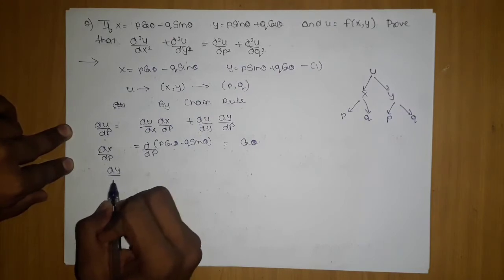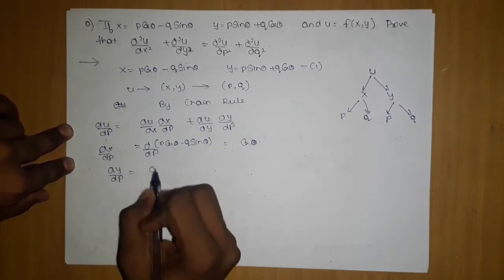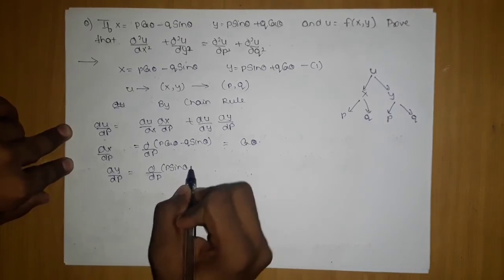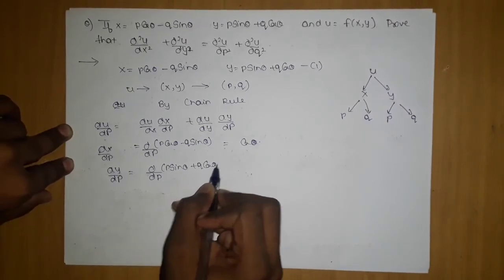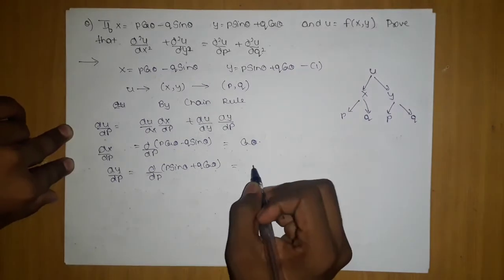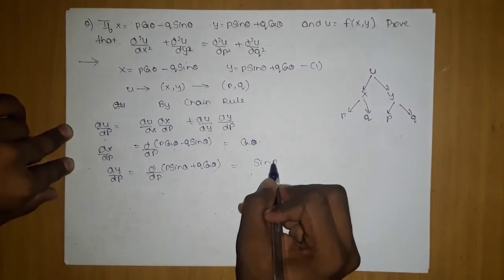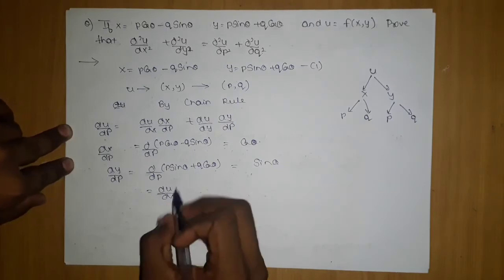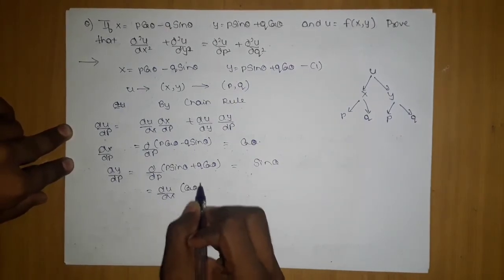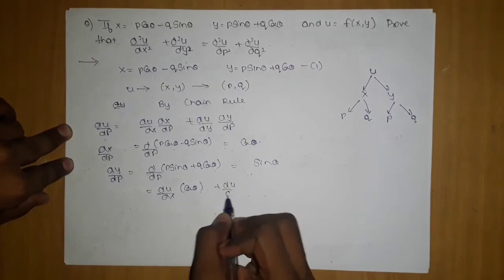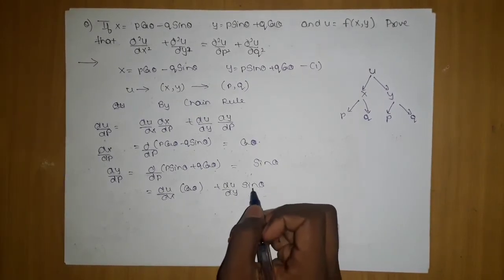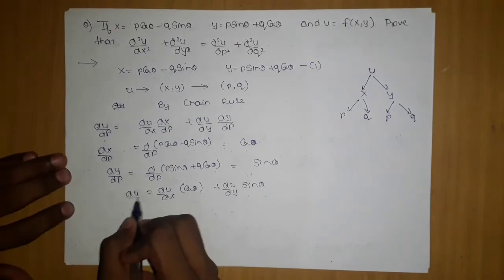And dou y by dou p will be dou by dou p of p sin theta plus q cos theta, which will be nothing but sin theta. If I substitute here, I get dou u by dou x cos theta plus dou u by dou y sin theta. I'm getting dou u by dou p.